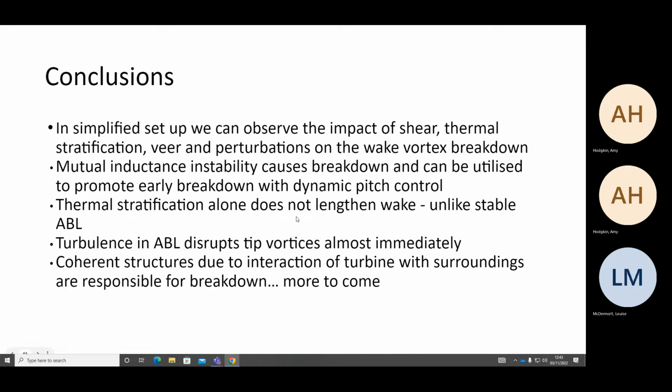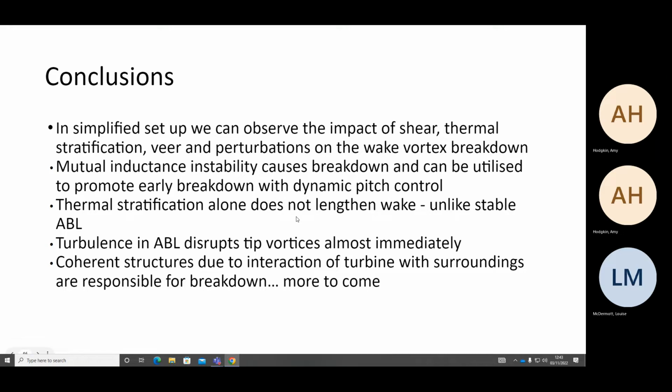But maybe the conclusion is that we do need the full atmospheric boundary layer profile there. So we need the wall stress, the stresses along the wall, so that this temperature gradient is causing the turbulence intensity to reduce.